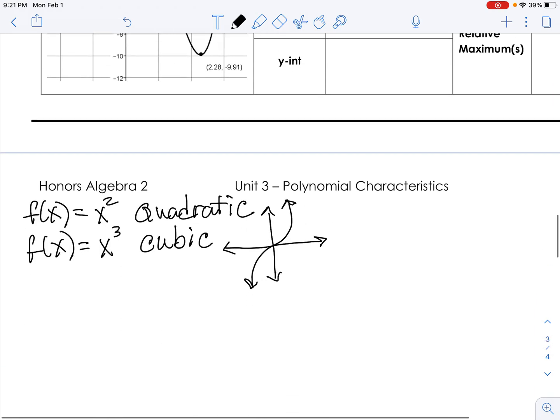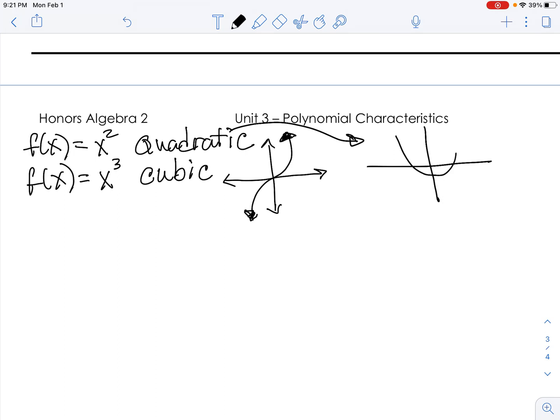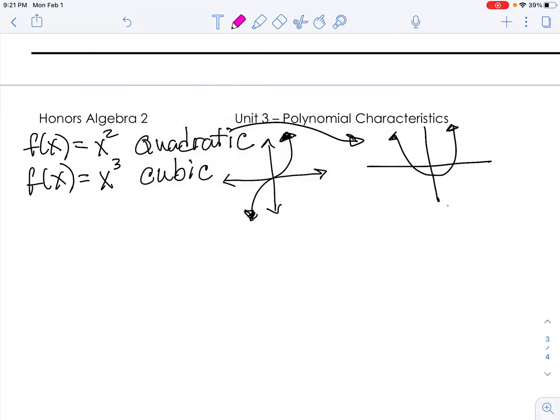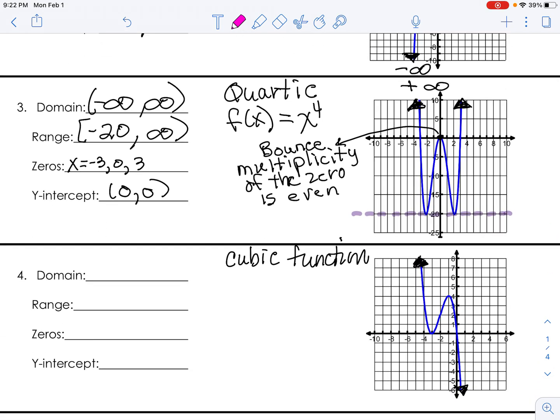And we know one of the characteristics of the cubic function, so let's go down and look at it, is that the ends of the graph point in opposite directions, as opposed to the quadratic, where both the ends point in the same direction. So they either both point up or they both point down. But your cubic, the ends of the graph point in opposite directions.